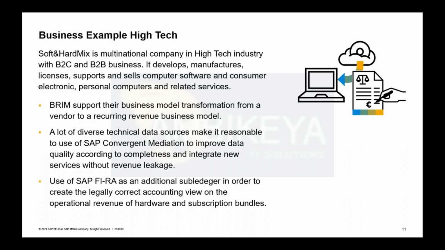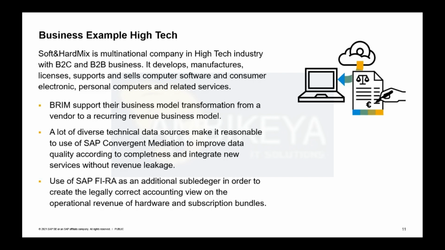This is not only in the high-tech industry with consumer electronics and computers, it's also with larger manufacturers and also in healthcare that a lot of industries try to change their business models from selling goods to creating a recurring revenue business model. And BRIM, as you see with this example, supports this transformation.